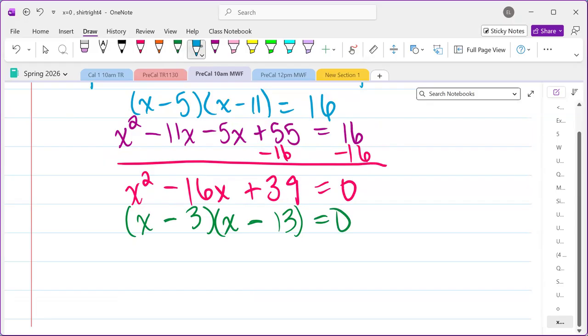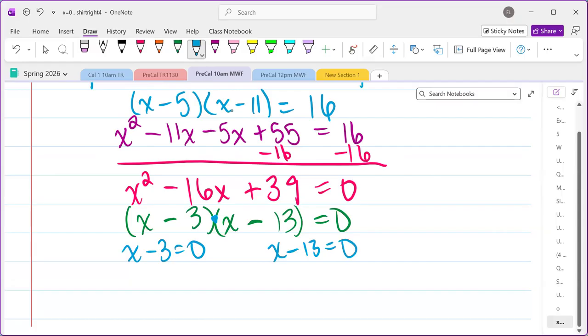Now, because I have a product equal to 0, one of these two pieces of the product must be 0. Either x minus 3 is 0 or x minus 13 is 0. This is a very special fact of 0. The only way to get a product to equal 0 is if one of the two pieces is 0. Earlier, when I had 16, it could be 2 and 8.